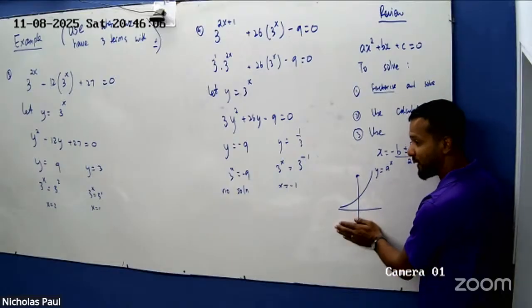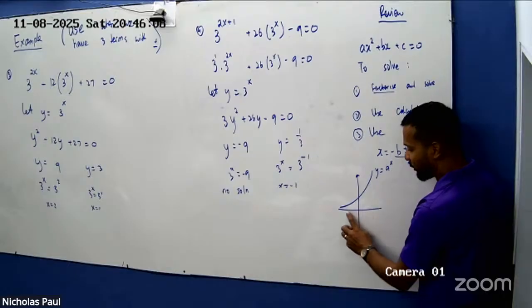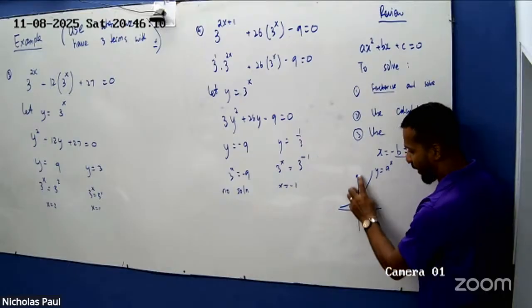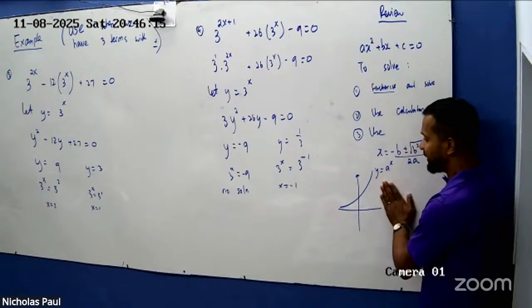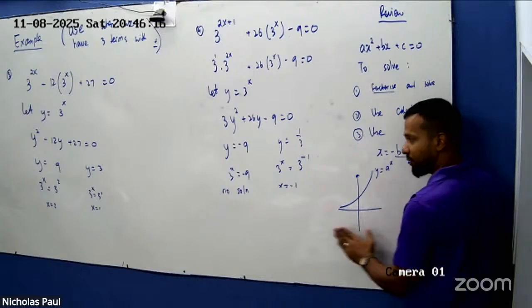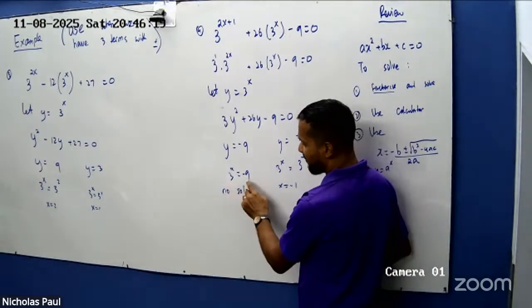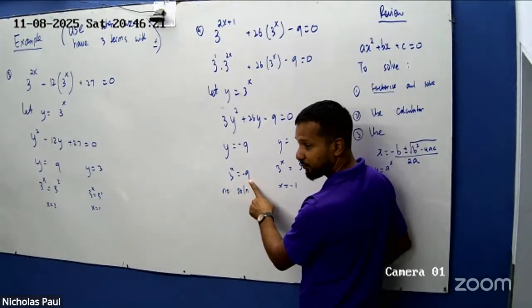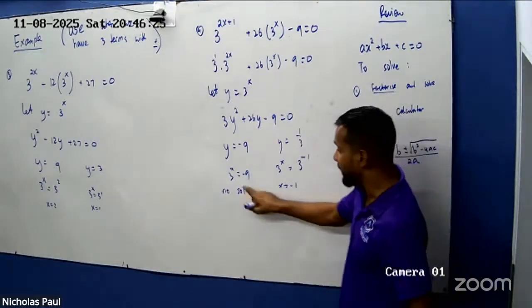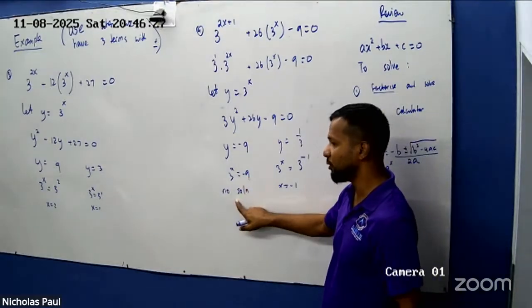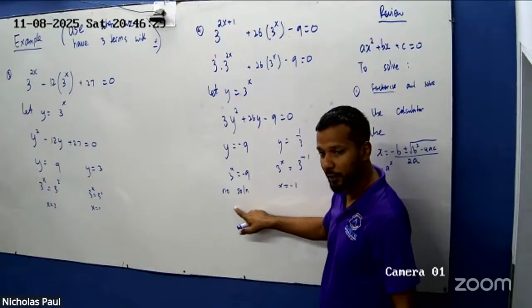So there is no x value that'll give me a y value that's down here. So this graph is never negative, so this can never have a solution that's negative. Anytime you see a negative value here, you write no solution.